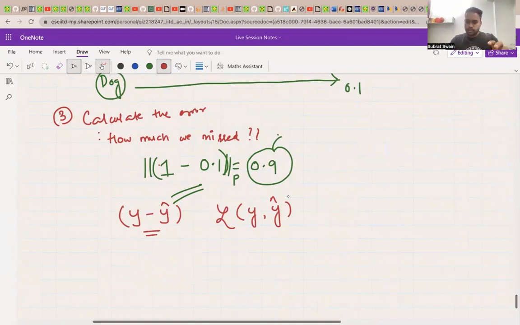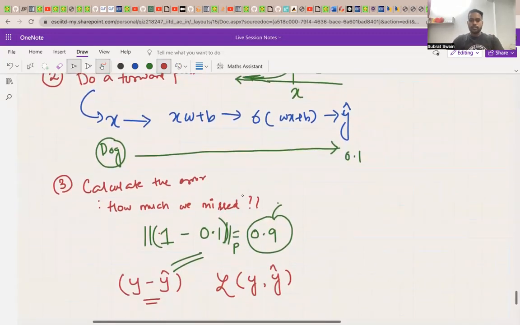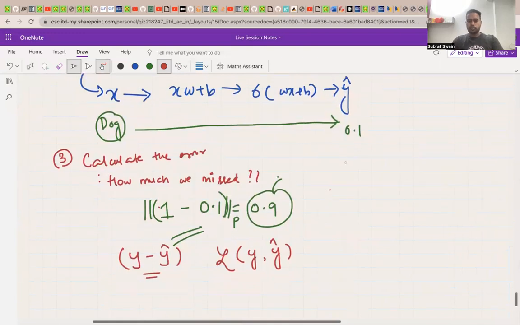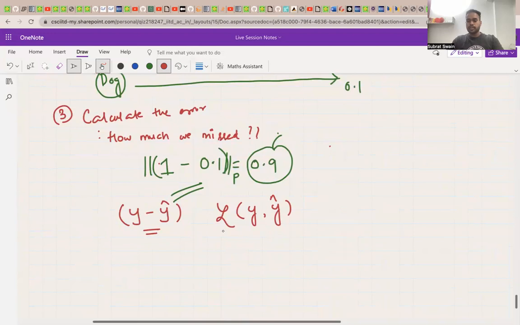First we randomly initialize W and B. We do a forward pass. We got a value of 0.1. The loss is 0.9, or you can say we missed by 0.9. Till step 3, everything is clear, right? We're calculating the loss and giving this error value.